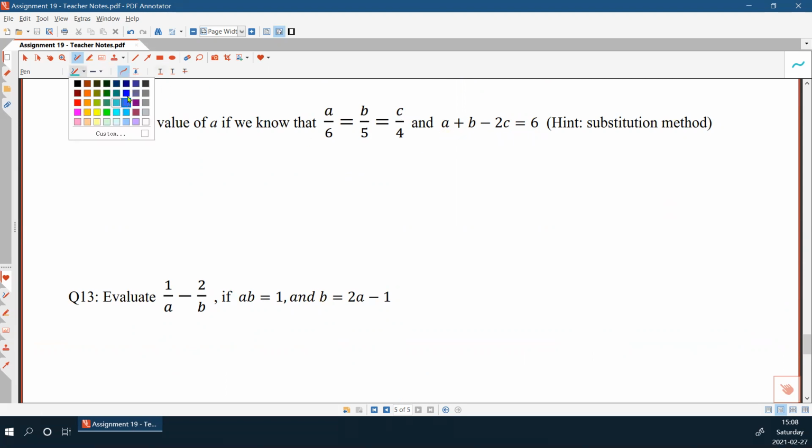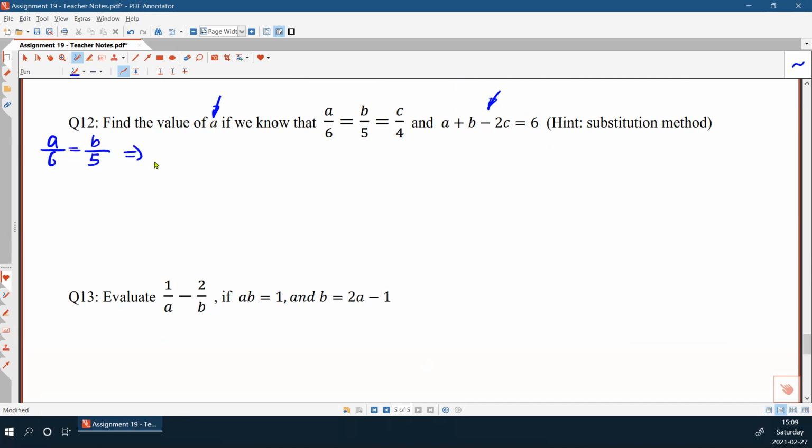Okay, again, that logic to solve such problem is very similar to what we have learned in previous questions. So you want to solve for a, right? And you know the relationship between a and b, a and c. So that means we can substitute b and c with a in this relationship, right? Okay, so following this logic, because a over 6 equals b over 5, right?